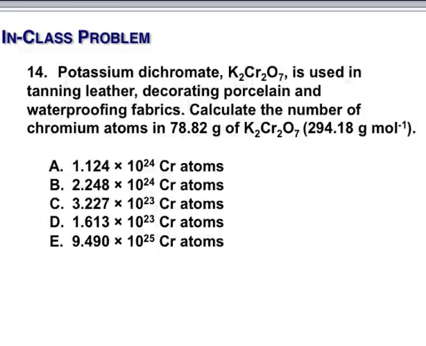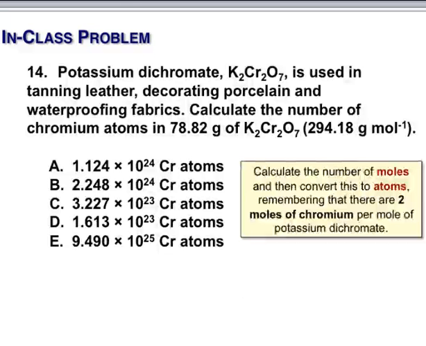All right, back to this guy. 2 chromiums in every dichromate. We have a mass. We have a molar mass. That gives us moles, doesn't it? If we know how many moles we have, and we know how many chromiums there are in every mole of this stuff, and we know how many things there are in a mole, we can do that.